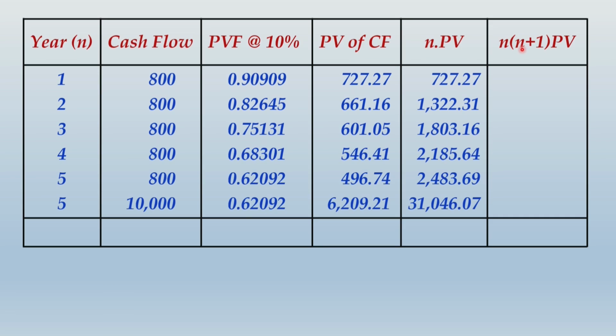If it was T, you would have taken T into PV and here T into T plus 1 into PV. Now look at this term where we have taken N into N plus 1 into PV. N into PV is already computed over here, correct? On this column, if I multiply by N plus 1, I will get the values for this column.